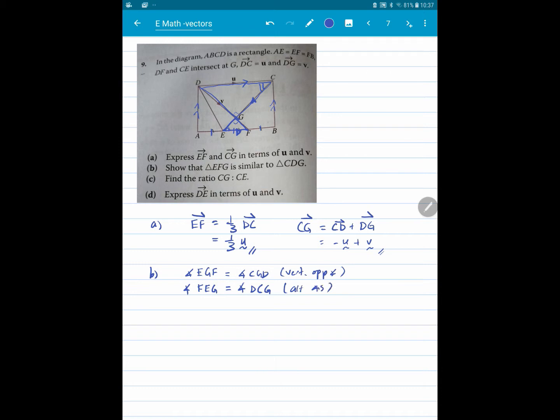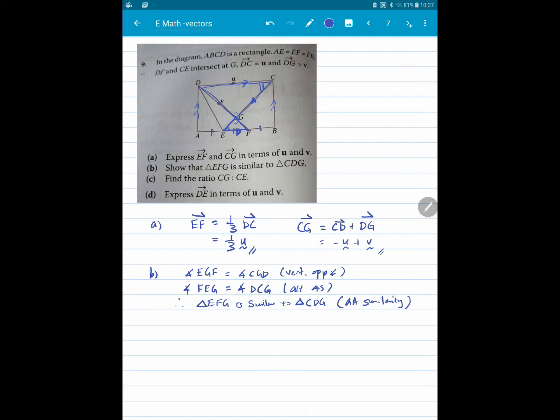Therefore, since I have got two angles that are the same, I can conclude that triangle EFG is similar to triangle CDG, and the reason is AA similarity rule.